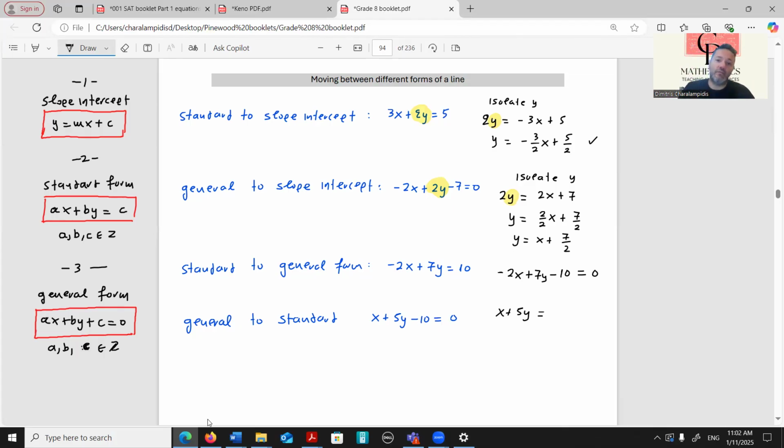So since it was negative 10 on the left, it will now become plus 10 on the right, and that is the standard form I was looking for.